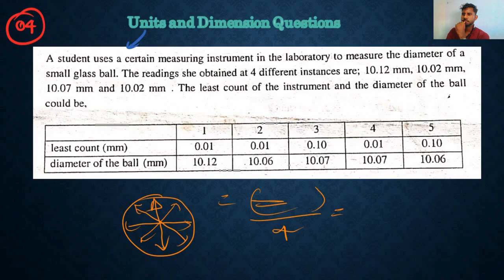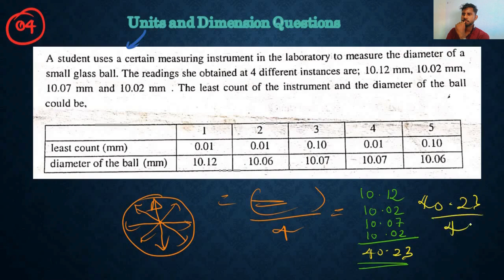So what we have to do is add all these. Let's start adding. Alright, I'm going to add them. Okay, we have got 40.23, and we have to divide it by 4.